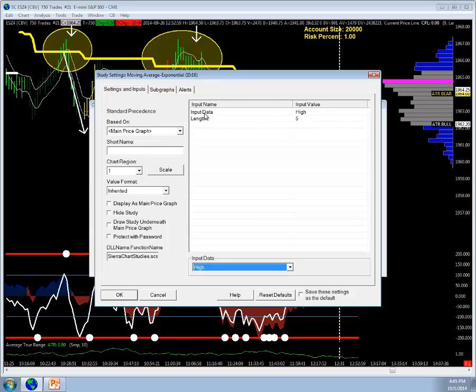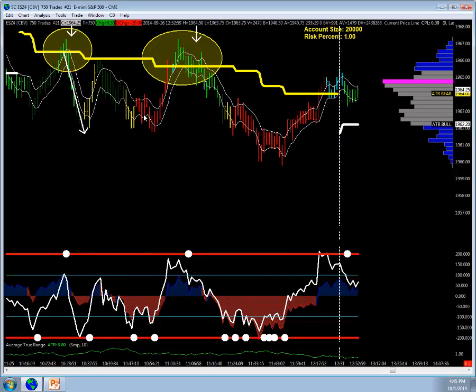So you can see the input data here is a 5-bar average high, and then the other moving average is the 5-bar average low. So what I have simply done is dampened the effect of the individual price bars, moving up, moving down, moving up, moving down, and I've taken a 5-bar average high and a 5-bar average exponential low. So what does that mean for us?